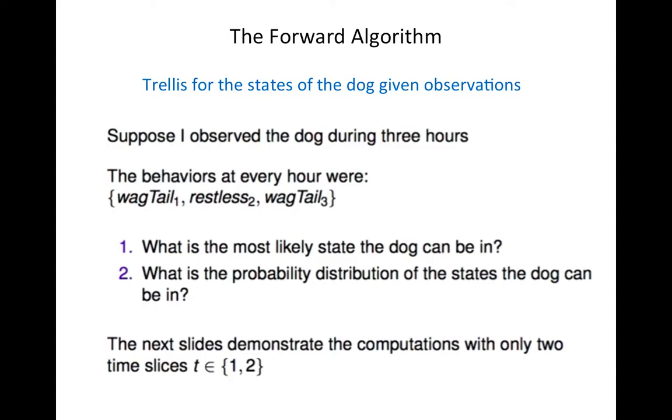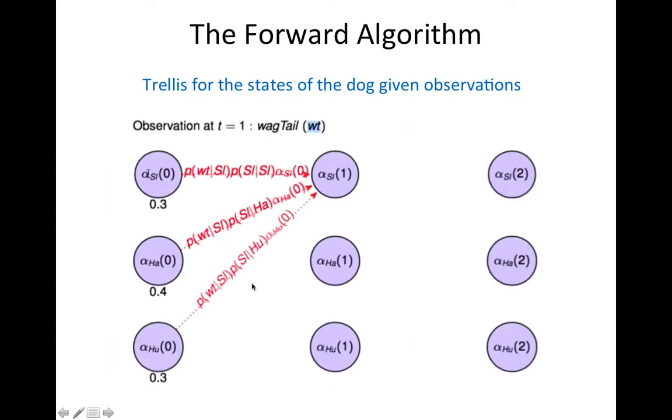So for instance, suppose I observe the dog during 3 hours. In hour 1 it wags its tail, in hour 2 it's restless, and in hour 3 it wags its tail again. So what is the most likely state the dog can be in? Let's take only 2 time slices. We can compute this quantity, alpha of sleepy at time 0, alpha of happy at time 0, and alpha of hungry, and you have these 9 states here.